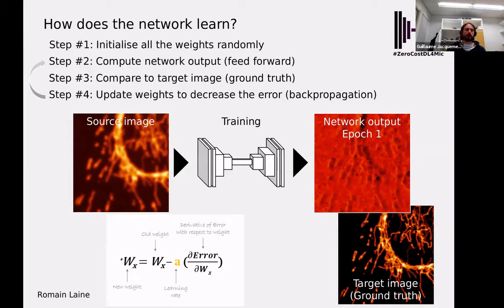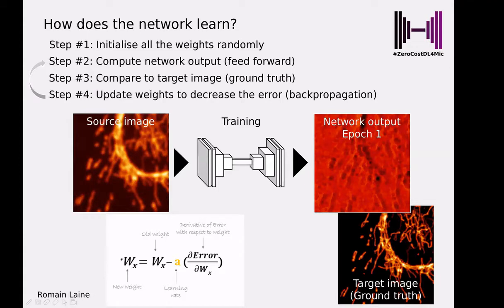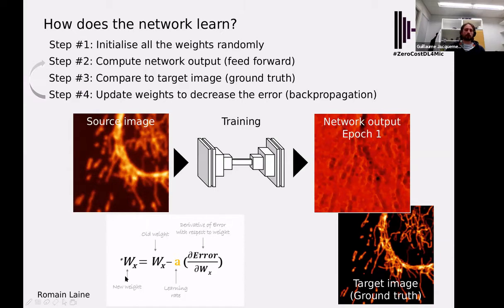Because deep learning training is a really iterative process, you need to repeat it many, many times. What happens is that the scores that you get here will change the parameters you have inside of the model in order to reduce the difference between your output and your expected result. And for that, you use a formula called back propagation, which is here, where basically the weights, so the parameters used at the different filters, are changed in a way so that the errors between those two images here are minimized.